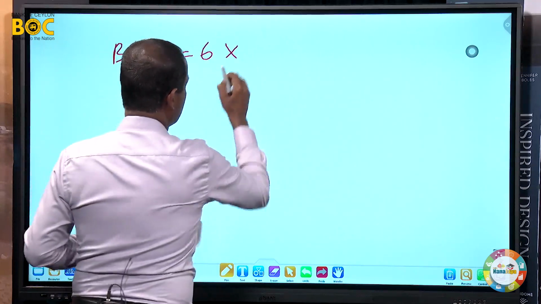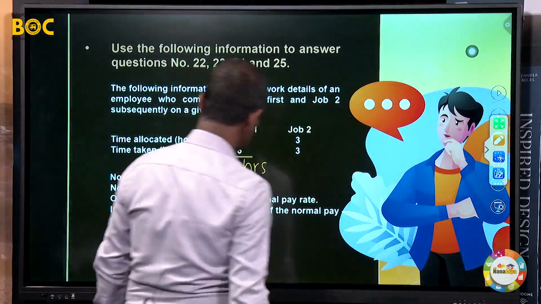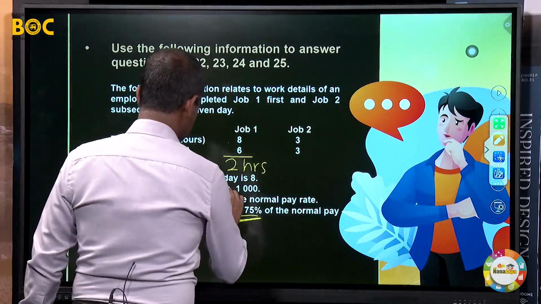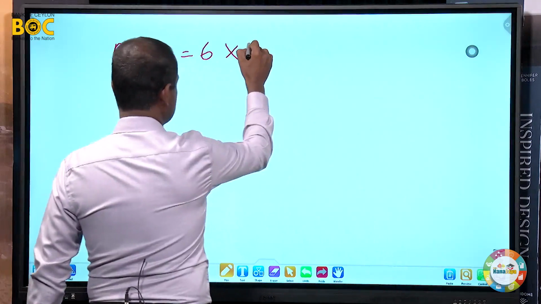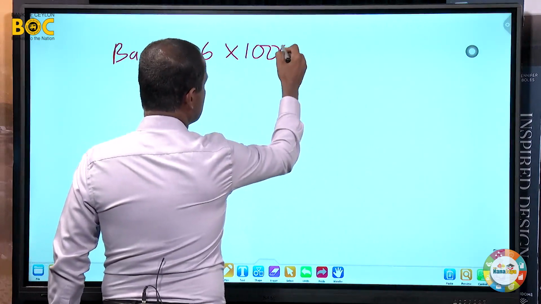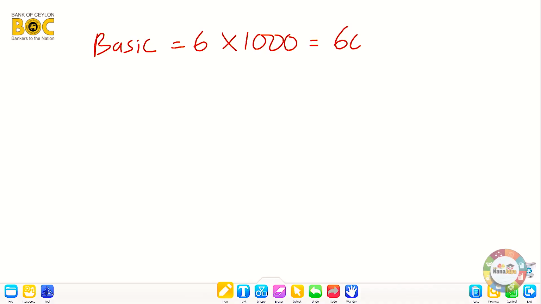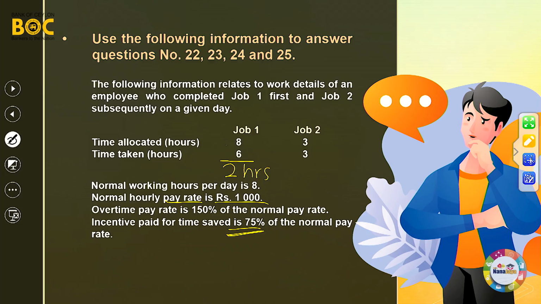The normal pay rate is 1000, so here it is 6000. Plus, for job 1 he gets an incentive payment, because he saved 2 hours from the first job.